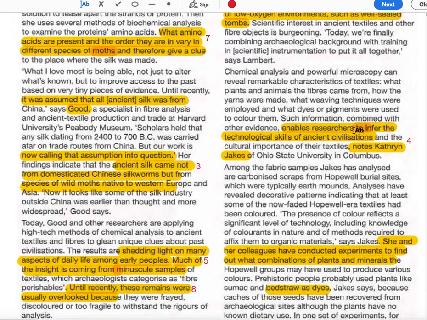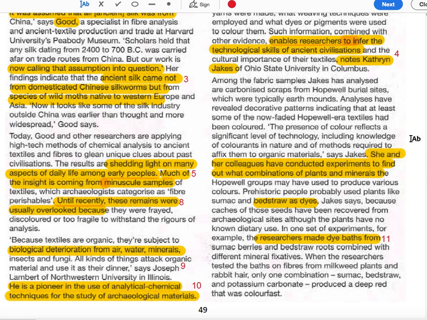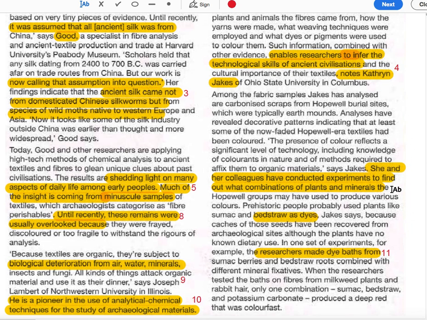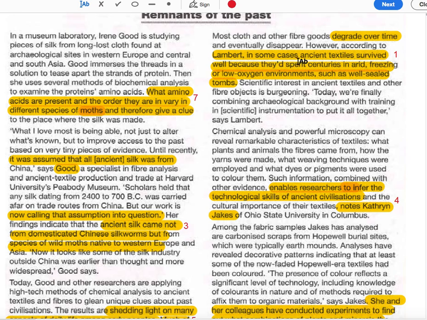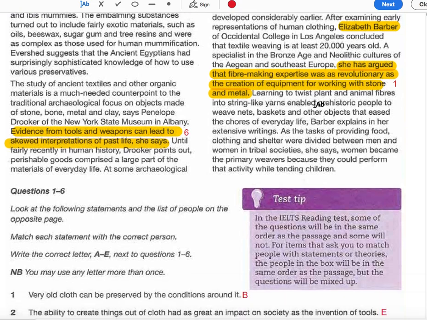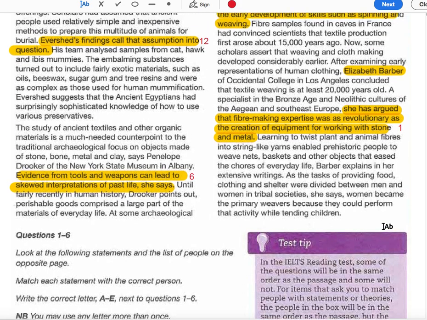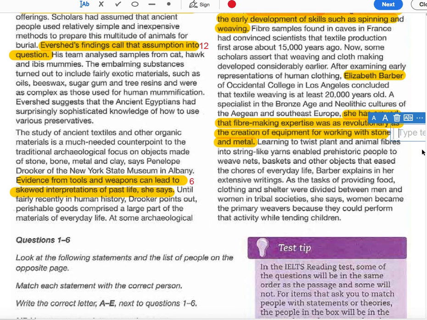It says 7, 3, 5, 8, 10. Okay, this one's 11. So the environment one, environment can have an impact. Oh yeah, it is number 1. This one is 2. Okay, that's where I'm making the mistake here. You can laugh at me, everyone.